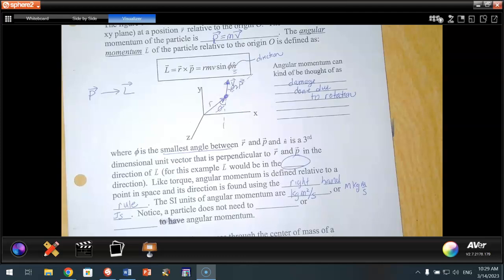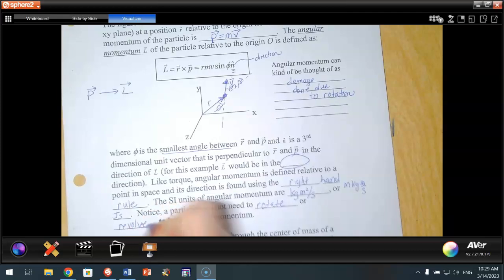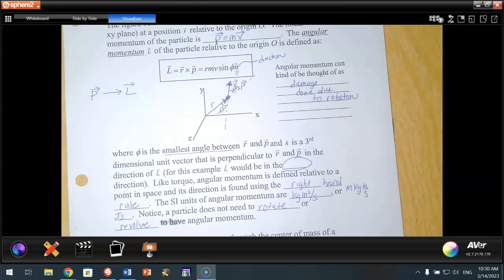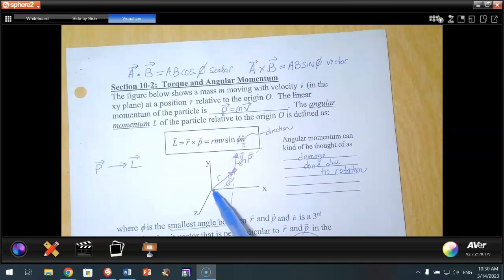What's interesting about angular momentum, though, is a particle does not actually have to rotate or revolve in order to have angular momentum. And that's different from everything we've done so far with rotation. So this chapter is still a rotational chapter. In order to have angular momentum, your particle has to be a distance away from some reference point.